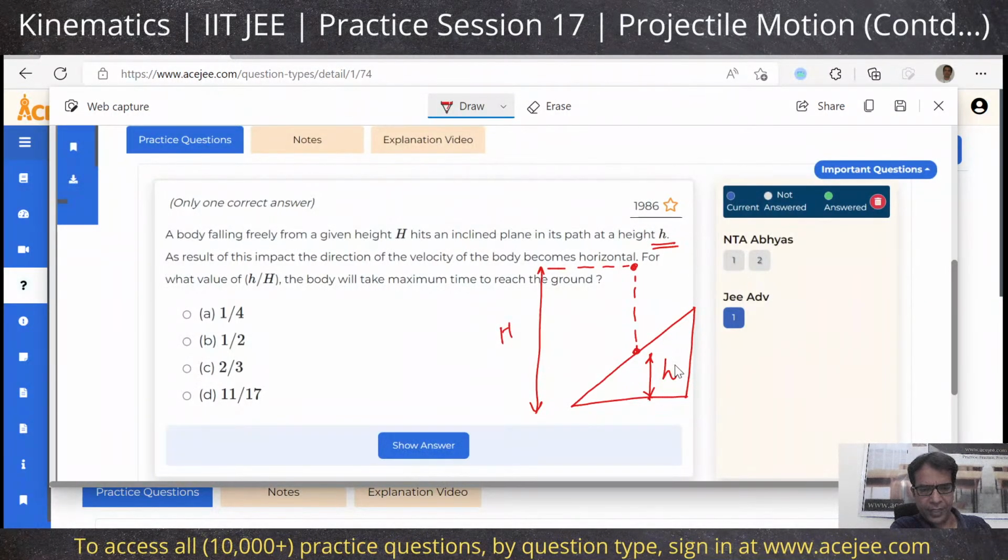As a result of this impact, the direction of the velocity of the body becomes horizontal. For what value of h by h, the body will take maximum time to reach the ground?